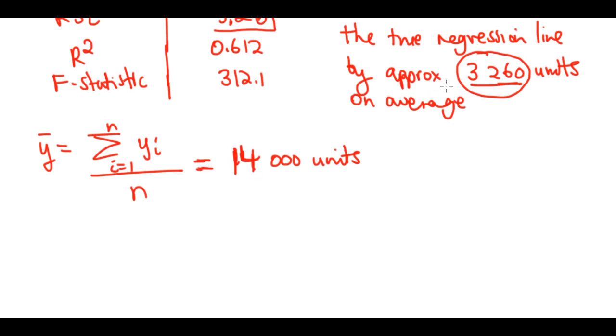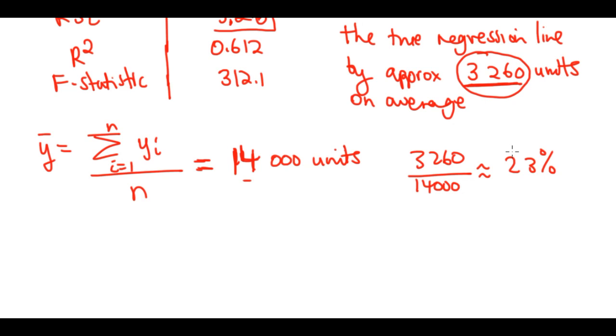So compare the deviation 3,260 to the mean. The deviation is 3,260 out of 14,000, which is approximately 23%, right? So someone might say 23%, nah, that's okay compared to the mean of 14,000. Someone might be happy with that. So it depends on the task that you are doing. Someone might say, nah, 3,260 is too large of a deviation, right?